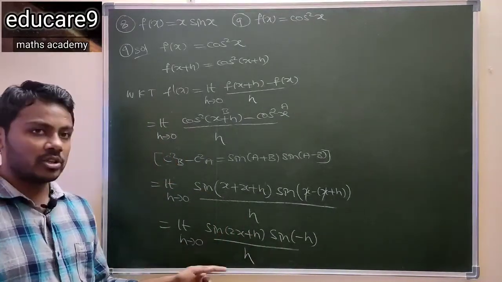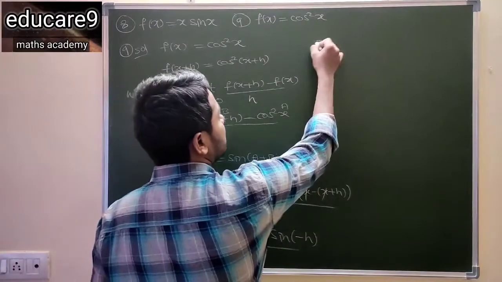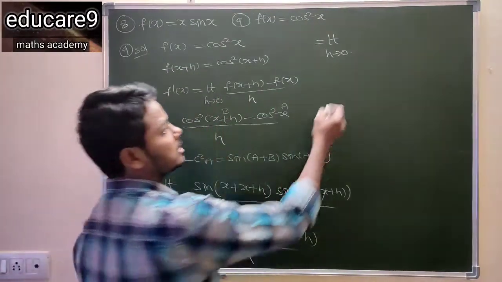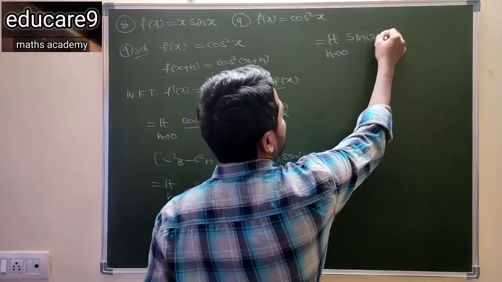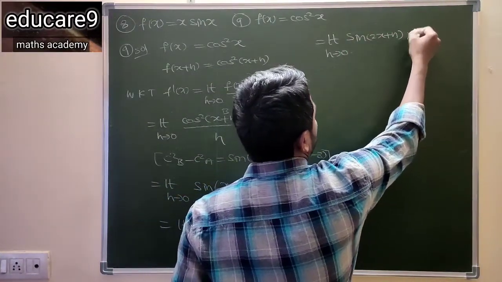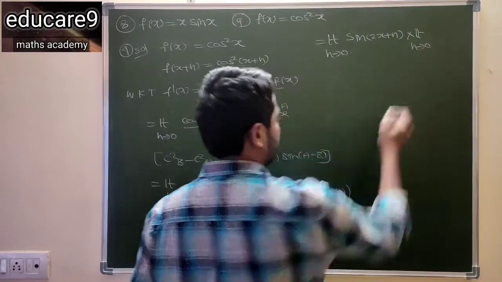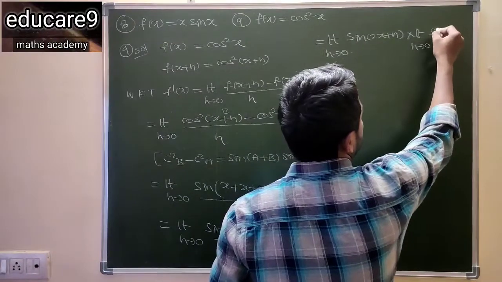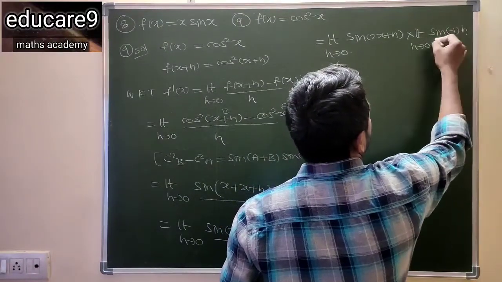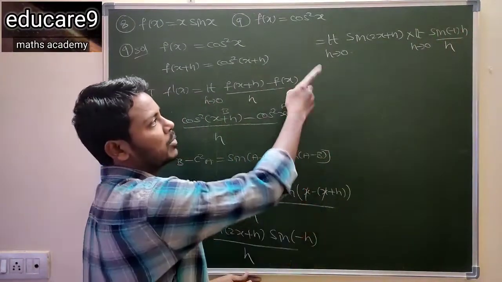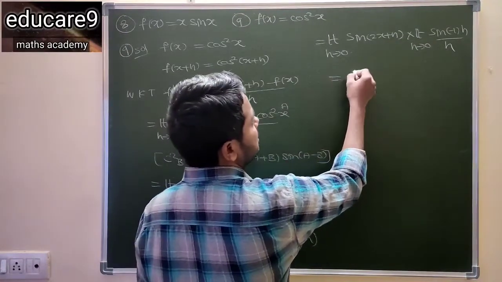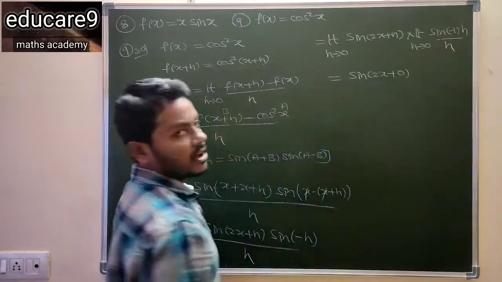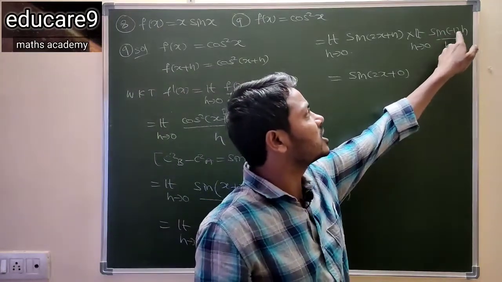And apply the limit for both the functions. This is equals to limit h tends to 0 of sin(2x plus h), into limit h tends to 0 of sin(minus h) by h. That is sin of minus 1 into h by h. So apply the limit. So this is sin(2x plus 0). So what is the value of this? The coefficient of h is minus 1.